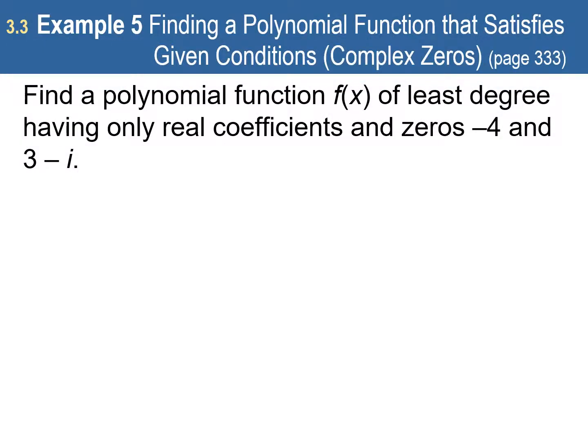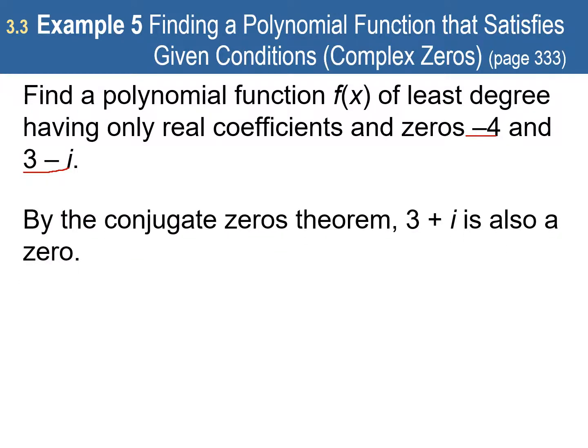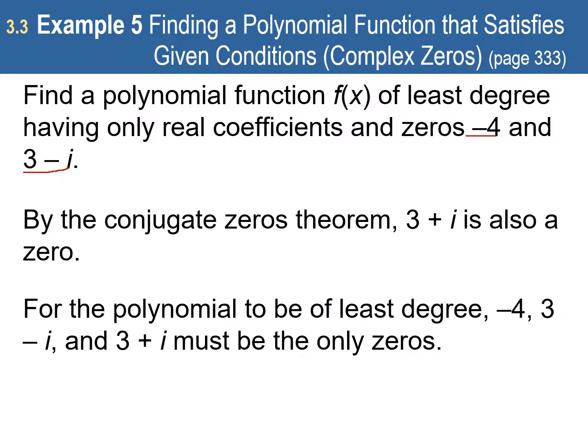So let's find a polynomial of at least degree 3 having only real coefficients, where the zeros are negative 4 and 3 minus i. By the conjugate root theorem, we know that 3 plus i is also a 0, so we have to have a polynomial of degree 3. So the zeros are negative 4, 3 plus i, and 3 minus i.